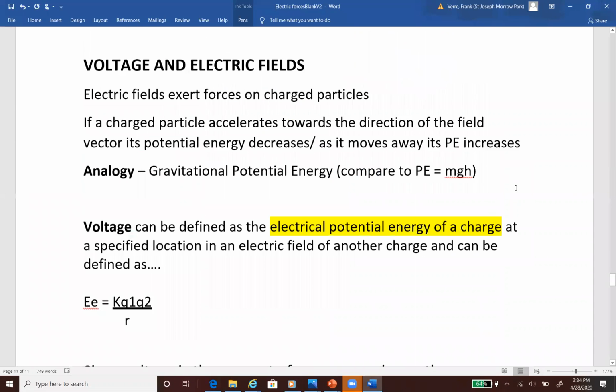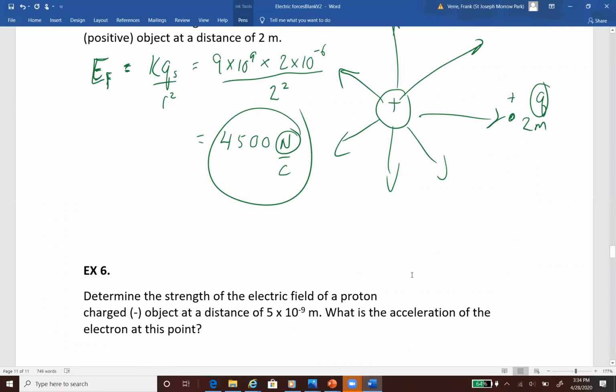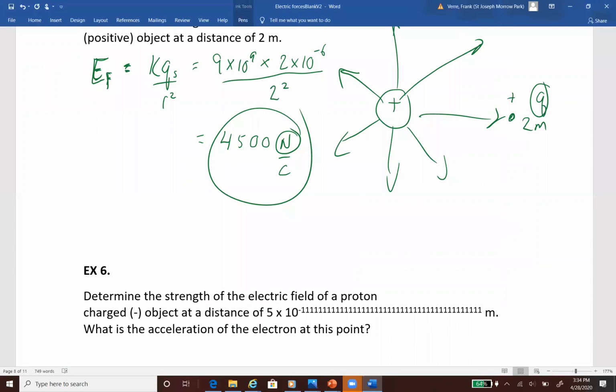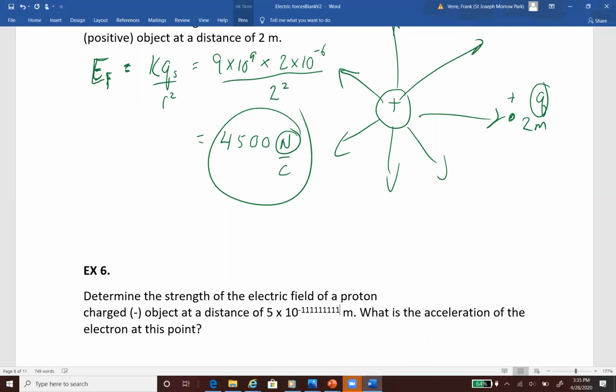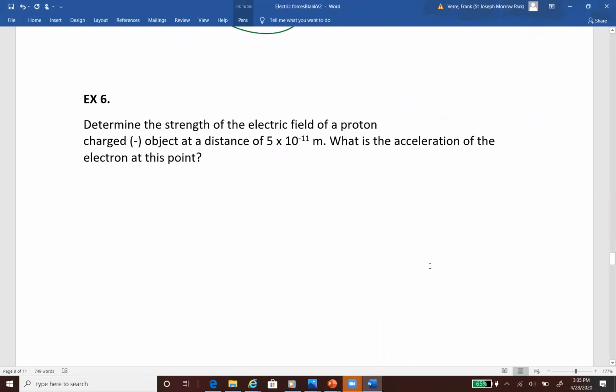Okay, it's 5 times 10 to the minus 11. So that's it. I wrote the wrong exponent down.